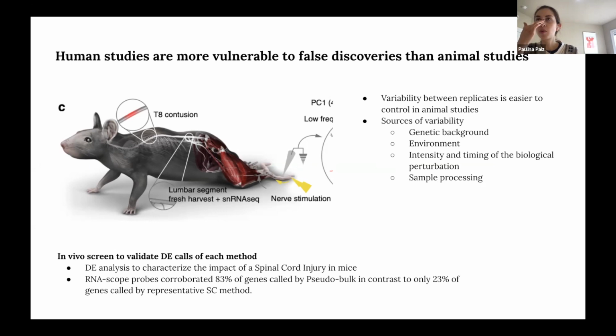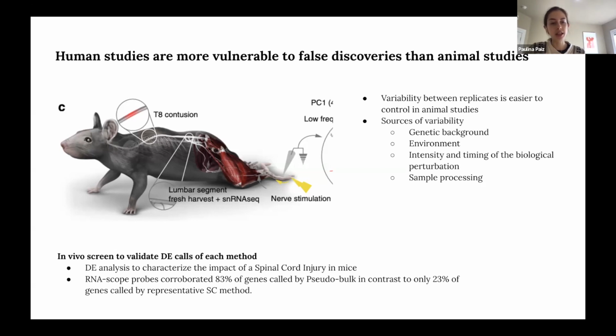And since the reasoning was that animal studies are easier to control, they conducted an experiment on mice that were, I don't know, hurt by spinal cord injury, to validate the differential expression calls of each method.